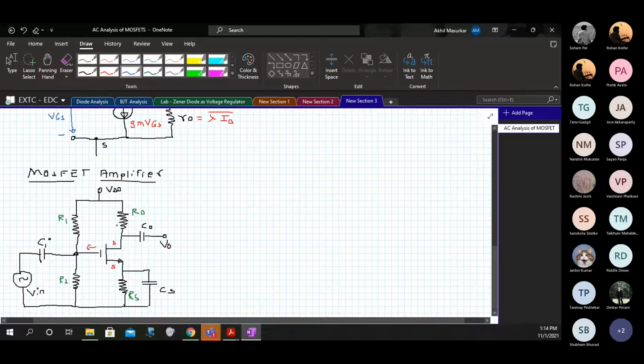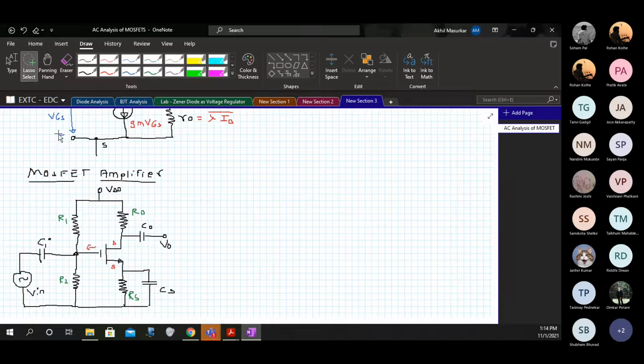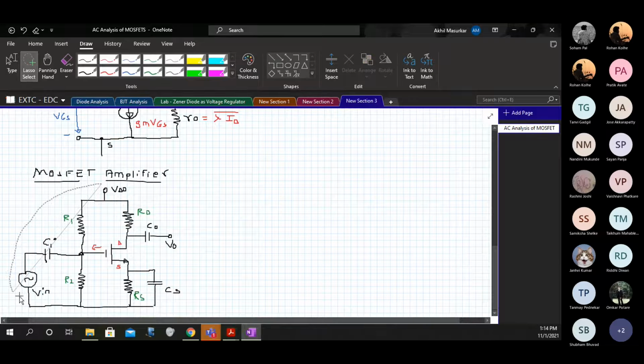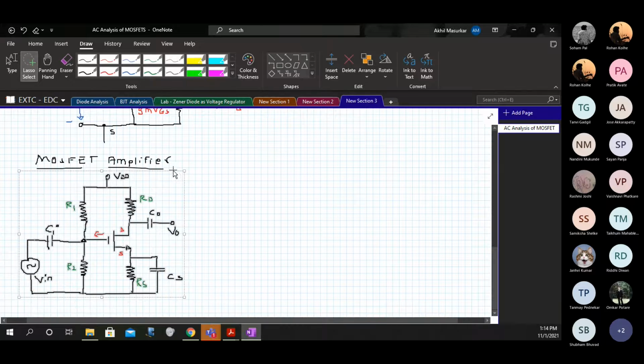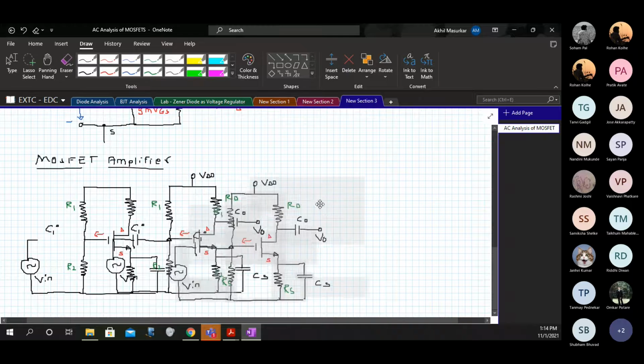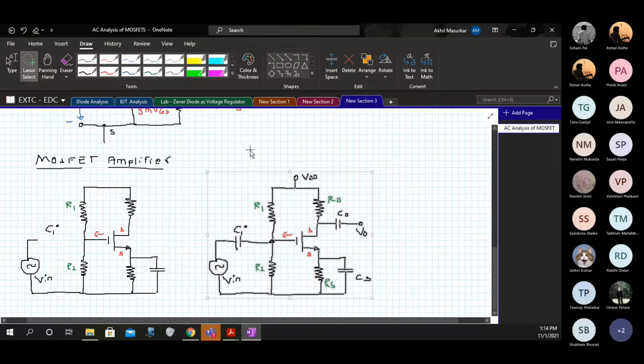And the drain current always flows through ID and RS. So like I always said, the method to convert this into an AC equivalent circuit is always going to be the same. Of course, don't forget the ground like me.